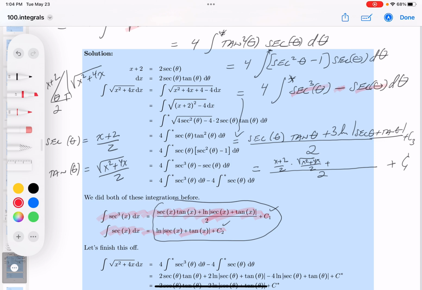The secant cubed minus, let's see, the secant cubed, and there's 4 of those, right? Gotta make sure I'm doing this right now. So it would be, let's see, get my eraser out again. I know I need to erase this over here. And secant cubed minus secant.